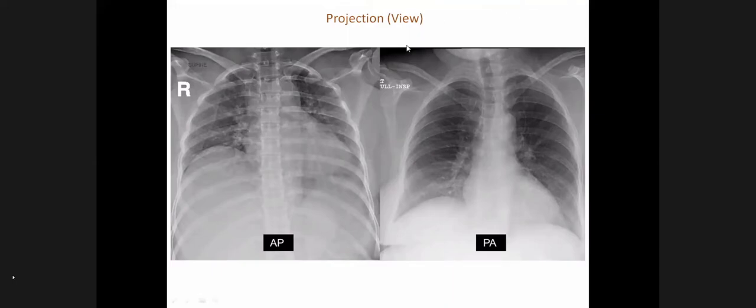Again, those are plain X-ray frontal views. Frontal means either AP or PA. I will not ask you about AP and PA, only frontal, which includes both AP and PA, or lateral, as we can see in the next slides.